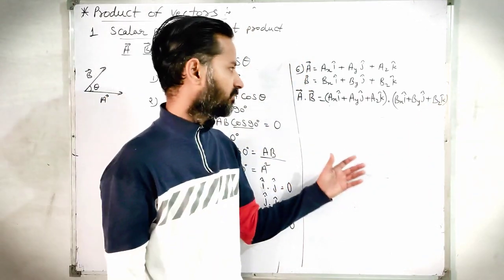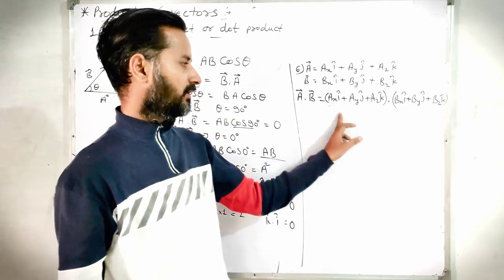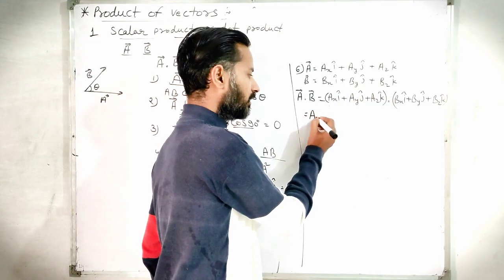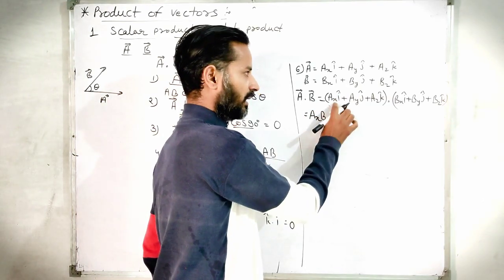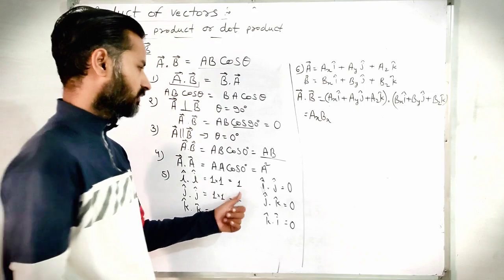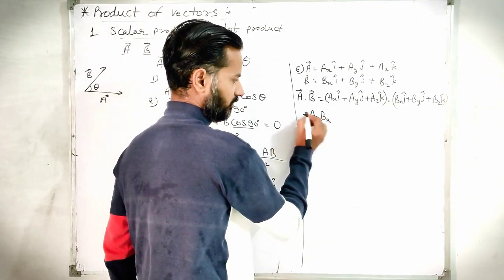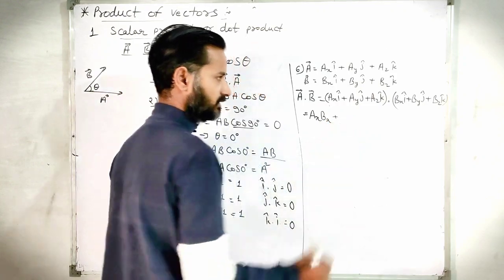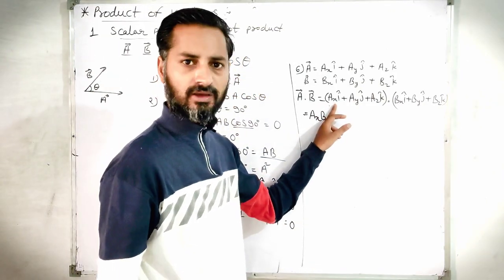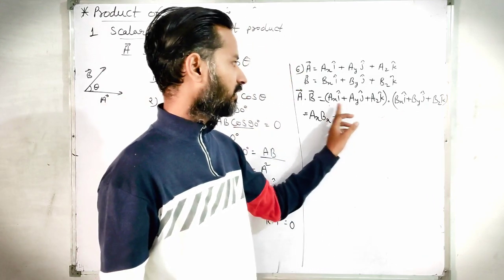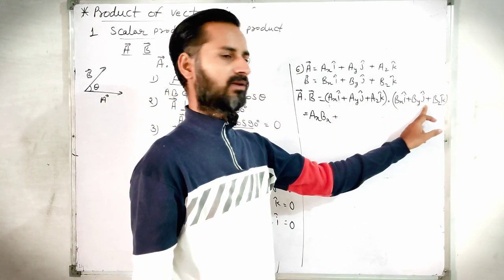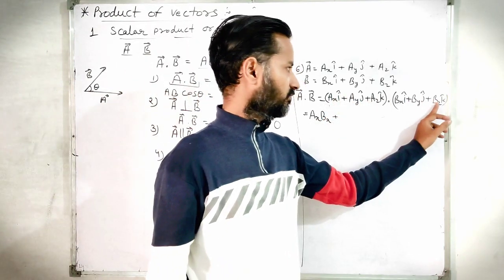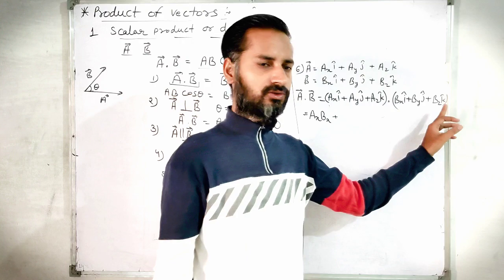Now if we multiply them, then what we get: Ax multiplied with Bx gives us Ax Bx. i cap dot i cap will give us 1, so we don't have to write it. And the next one, if we multiply this with j and k, what we get? Ax By, but i dot j will be 0, so there is no use of writing this. Ax Bz, i dot k will be 0.